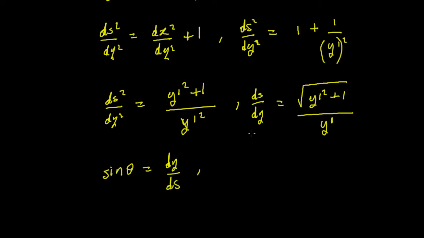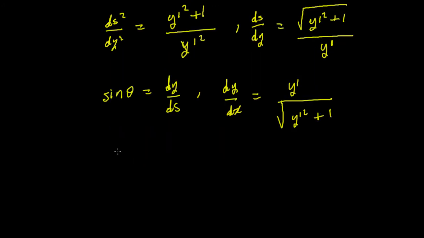Now we're almost there, but we've got it the wrong way round. We've got ds upon dy, so if we take the reciprocal of both of these sides, then what we're left with is our dy upon ds would equal y derivative upon the root of y derivative squared plus 1.